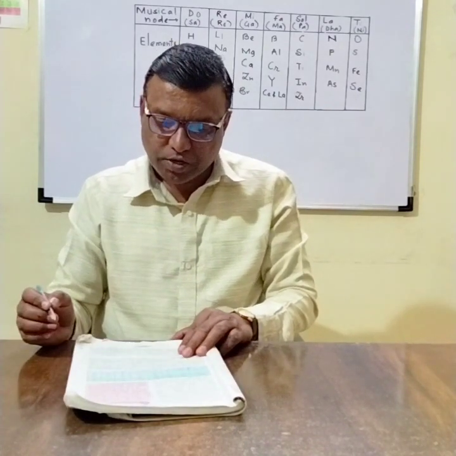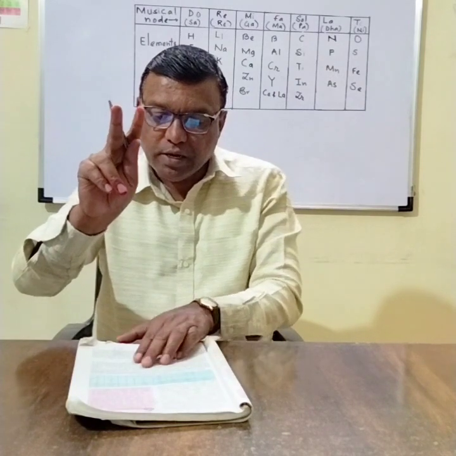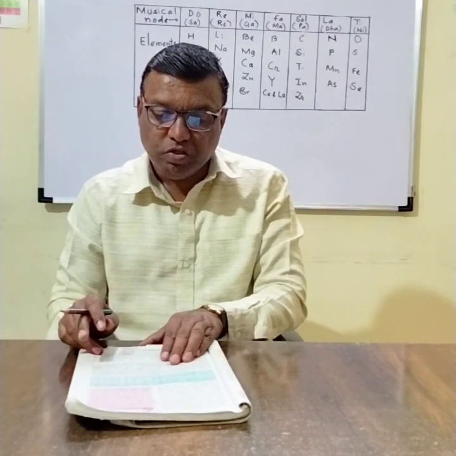drawback number third. According to limitation number third, Newland placed 2 elements in some of the boxes with different properties.